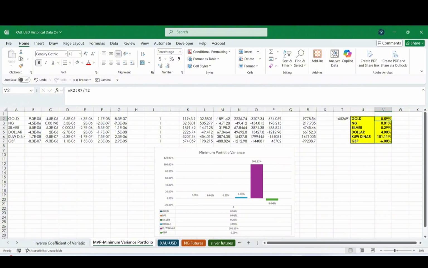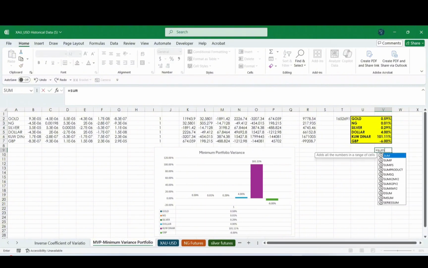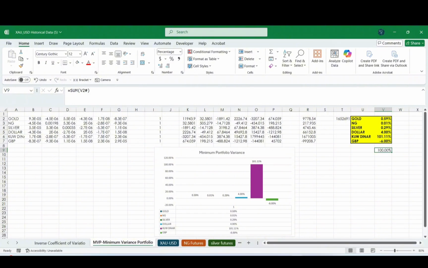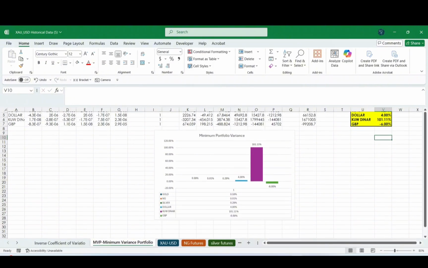If we add all this together, it should be 100: 0.59, 0.01, 0.29, 4%, 101.11, and minus 6 add up to 100%.